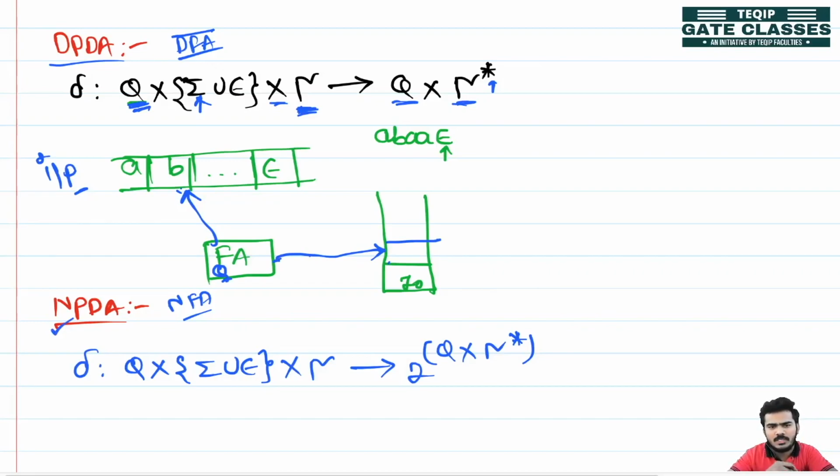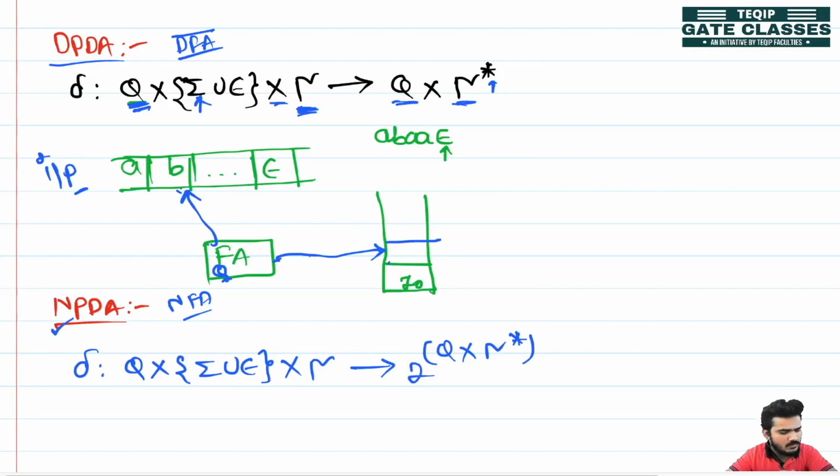So we have discussed till now the definition of PDA and its acceptance. It will be better understood while solving the example, and also we have discussed the transition function with respect to DPDA and NPDA.